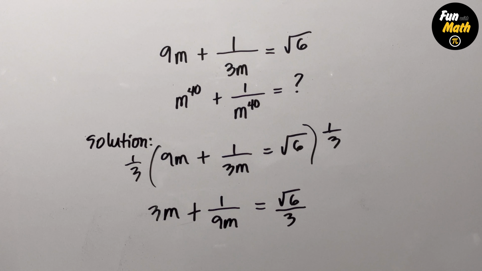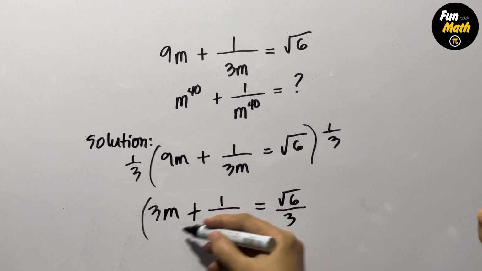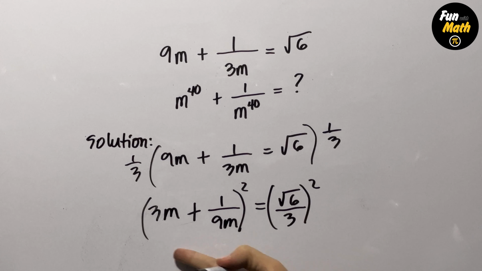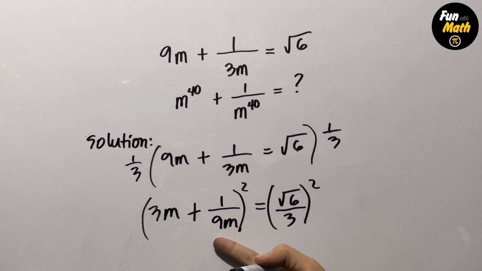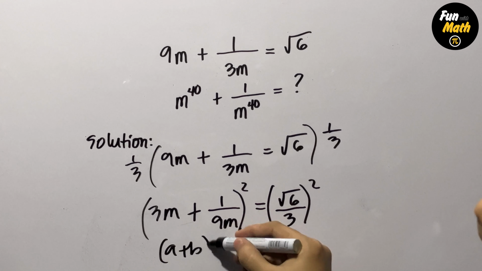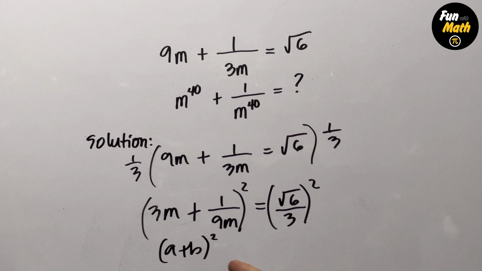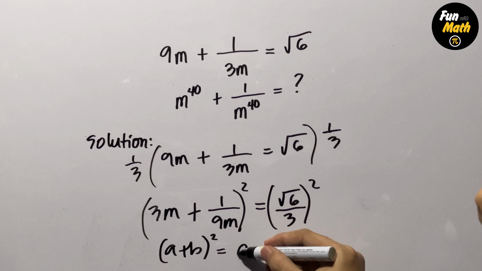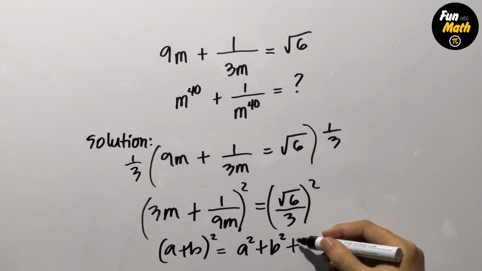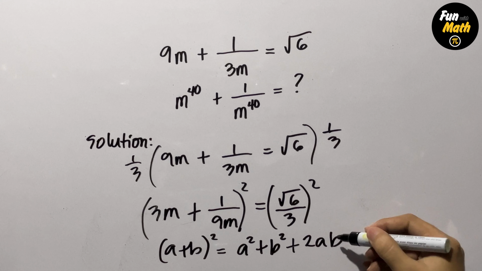Now next, we can square both sides. If you observe, on the left side, this looks like an identity, a plus b whole to the power of 2, which can be expanded into a squared plus b squared plus 2ab.